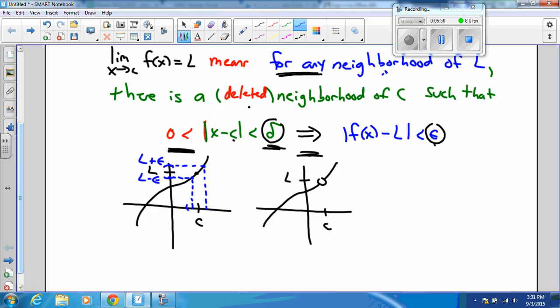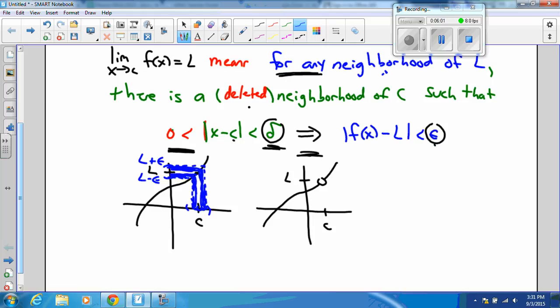If I choose this neighborhood around C, then all of the x's in this deleted neighborhood have the property that their corresponding y values fit into the epsilon neighborhood around L.